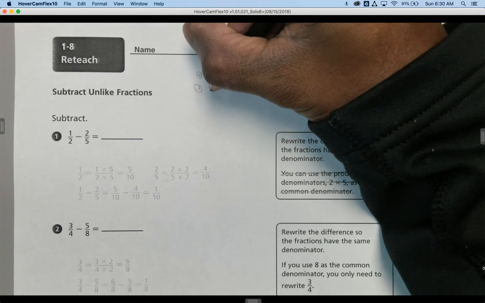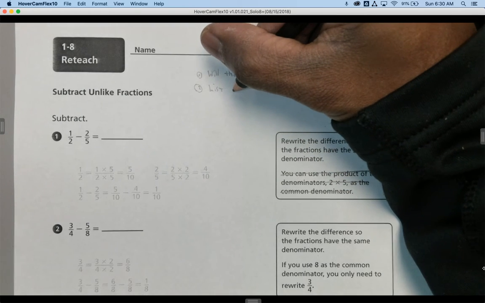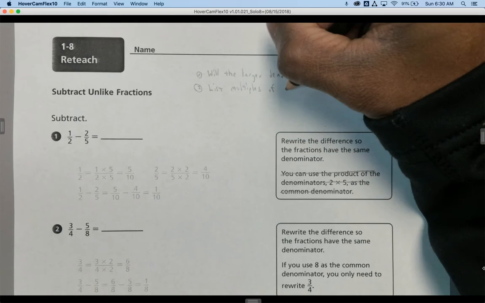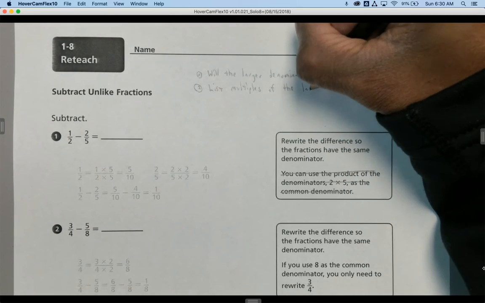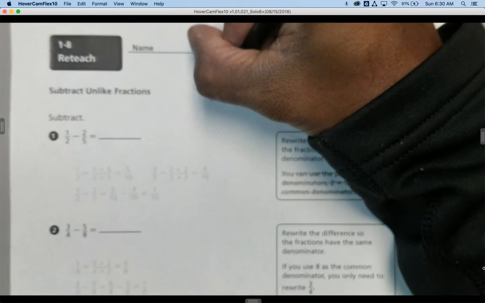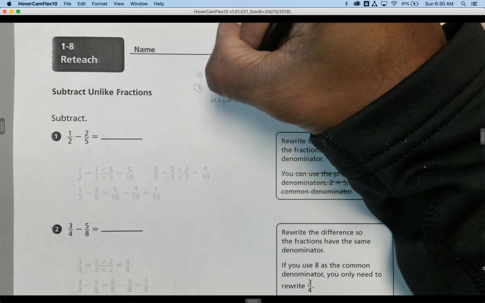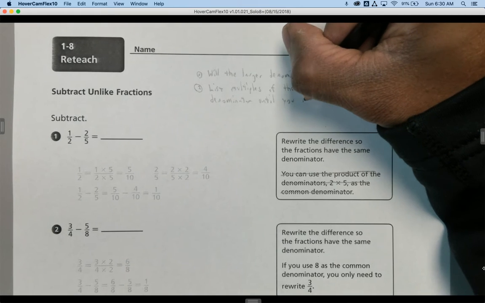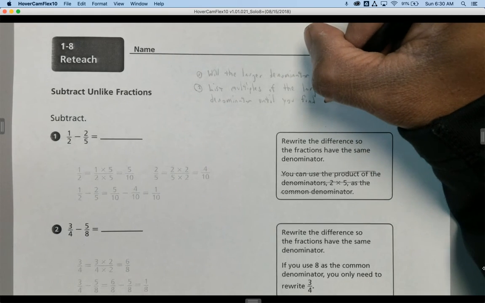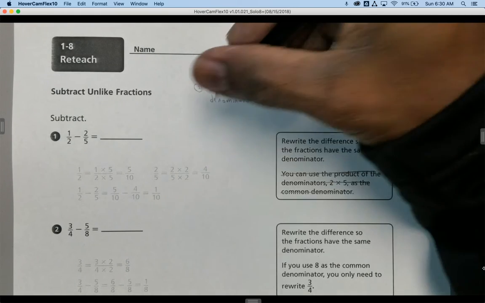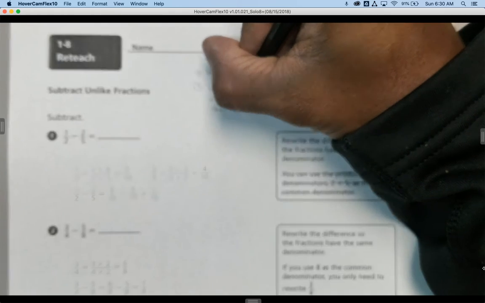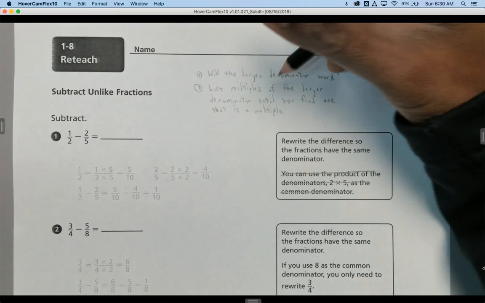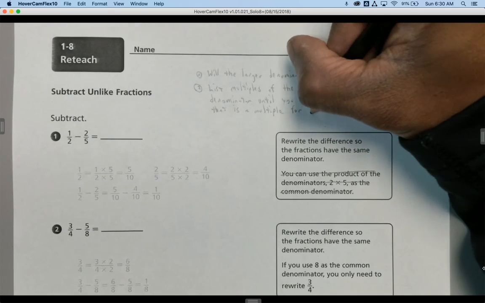So I'm going to say list multiples of the larger denominator until you find one that is a multiple, or that works, as I like to say, for the other.